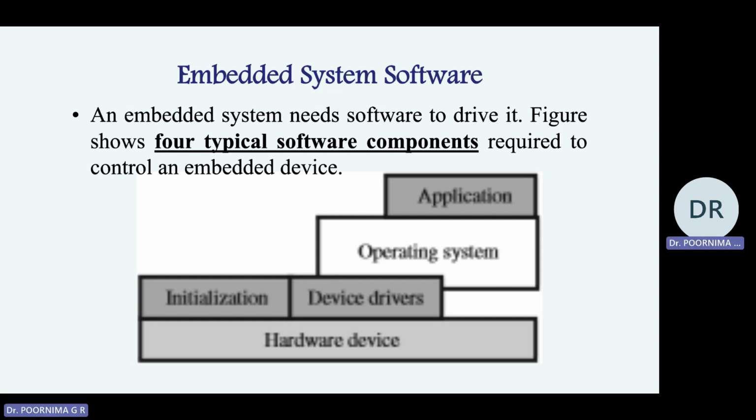Now let us see the importance of each of these components. The very first component in embedded system software is the initialization. Whenever any system has to be initialized, the system should be stored with some code.